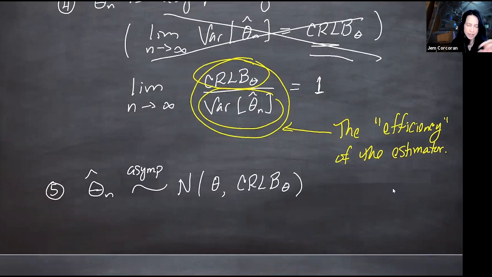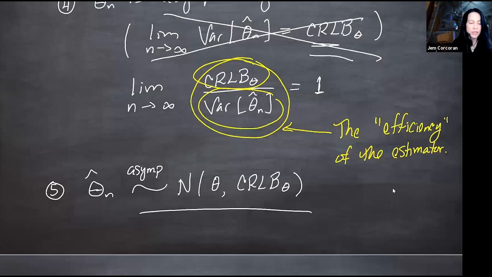So a bunch of these things in the list have some overlap. Like if we can show this last one, we've got that it's asymptotically unbiased because this is the asymptotic mean. And we also get asymptotic efficiency because of how we define asymptotically normal with a ratio.